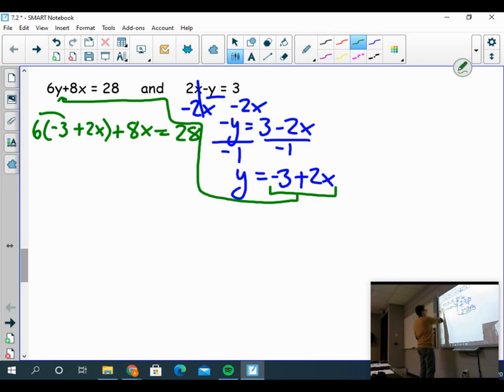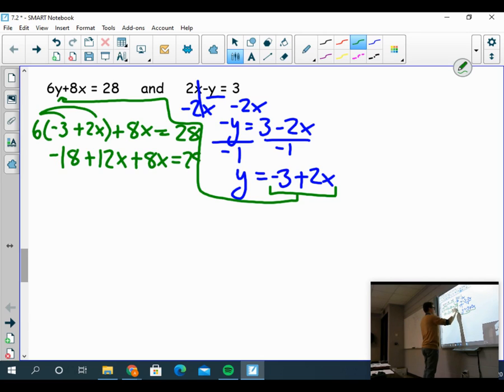Then I'll go ahead and distribute. I get -18 plus 12x plus 8x equals 28. And it's very similar to the last problem from this point forward. Combine my like terms. I get -18 plus 20x equals 28.